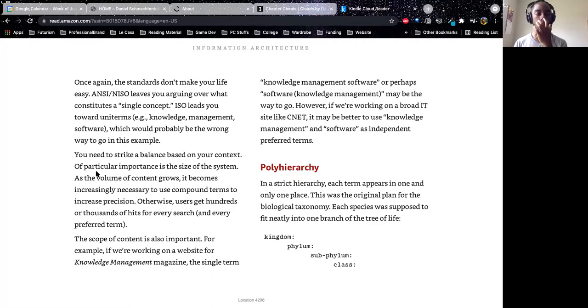Of particular importance is the size of the system. As the volume of content grows, it becomes increasingly necessary to use compound terms to increase precision. Otherwise, users get hundreds or thousands of hits for every search and every preferred term. Google likes to make you think there's a million results, but everybody knows that most people don't go past the first page, right?